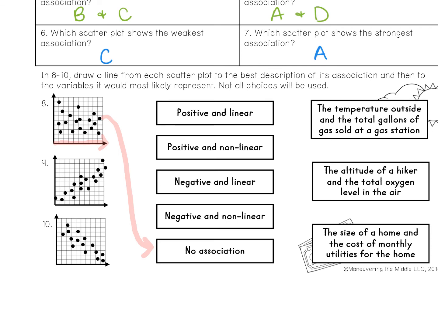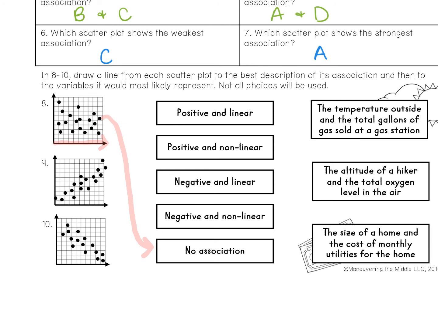So let's think about which of these descriptions on the right would be a correlation with no association. Our options are the temperature outside and the total gallons of gas sold at a gas station, the altitude of a hiker and the total oxygen level in the air, and the size of a home and the cost of the monthly utilities for the home.